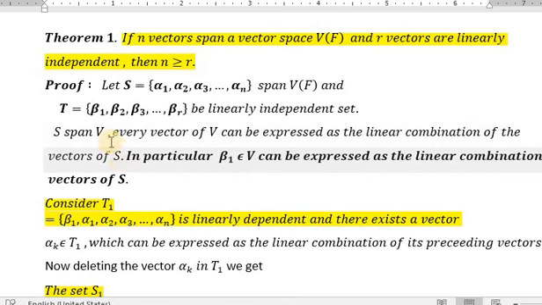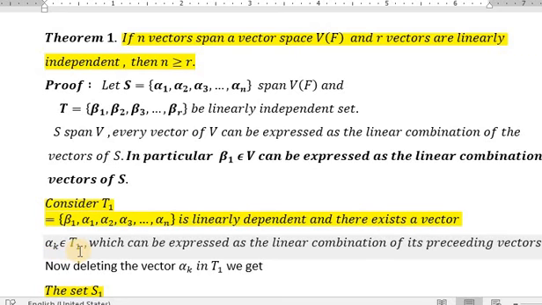If S spans V, then every vector of V is expressed as a linear combination of the vectors of S. In particular, let us take one vector beta 1 belonging to V. It can be expressed as a linear combination of vectors of S. So consider T1 equal to beta 1, alpha 1, alpha 2, alpha 3, and so on up to alpha n. See, we have taken beta 1 in the set T1.